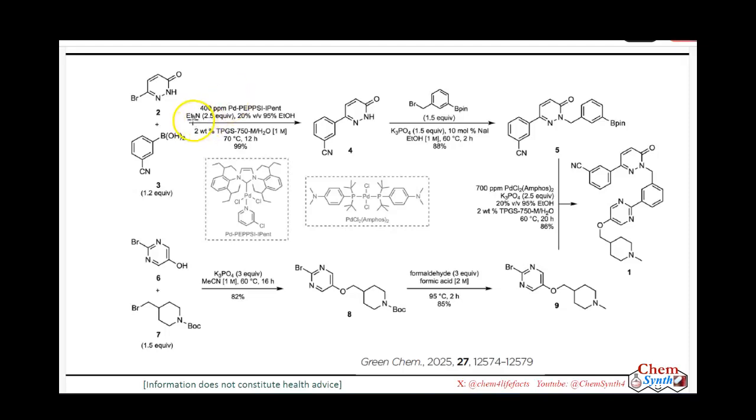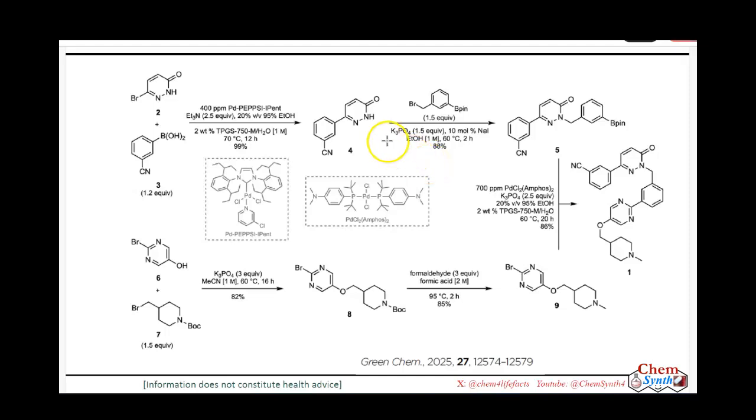And triethylamine has been used as the base, and they have used an ethanol water mixture as the solvent. And TPGS-750-M they have used as the surfactant. These surfactants are usually used for palladium catalyzed coupling reactions which are performed in water. They got an excellent yield of this coupling product, 99%.